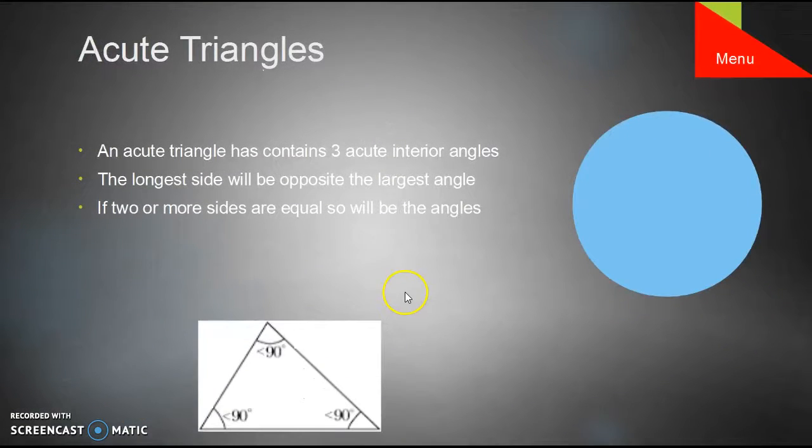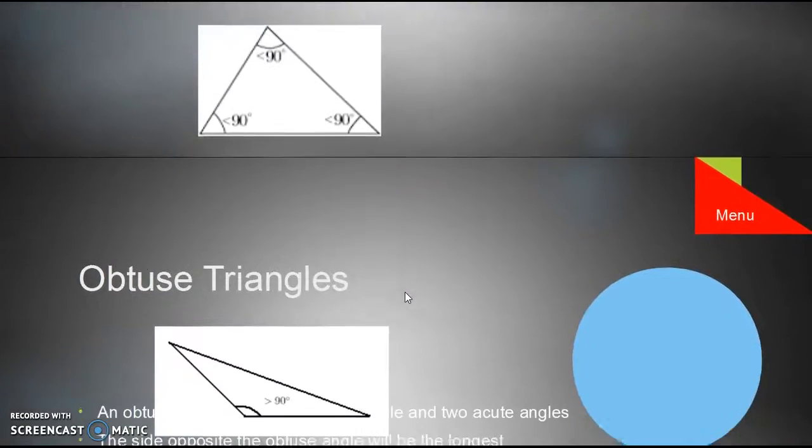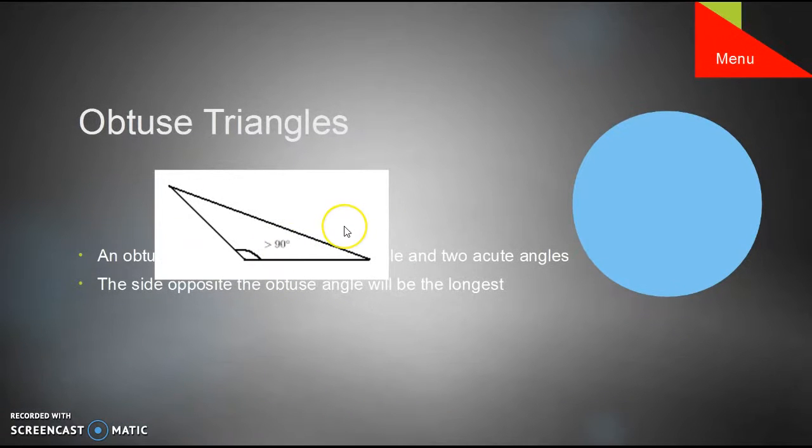Sorry, this doesn't work quite right because I made this and I don't have the right PowerPoint. So an obtuse triangle has a single angle that is greater than 90 degrees. None of the other angles matter, but in order for it to be obtuse, it has to have an angle that's greater than 90 degrees.